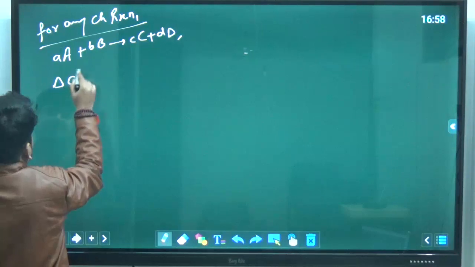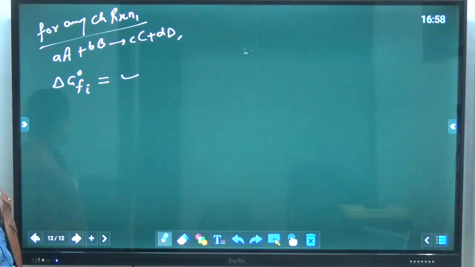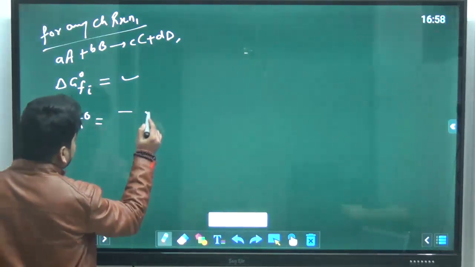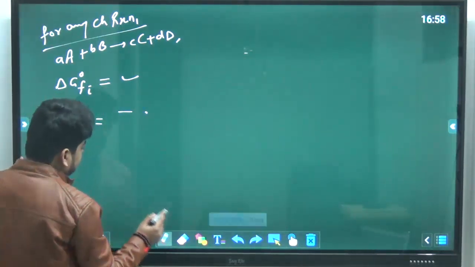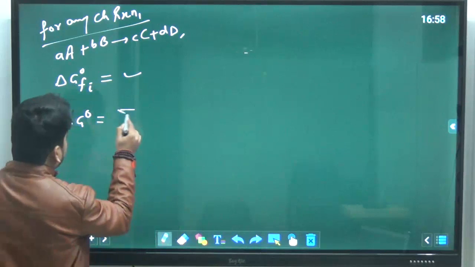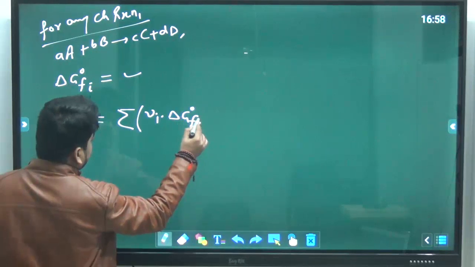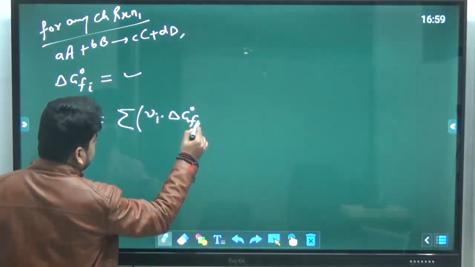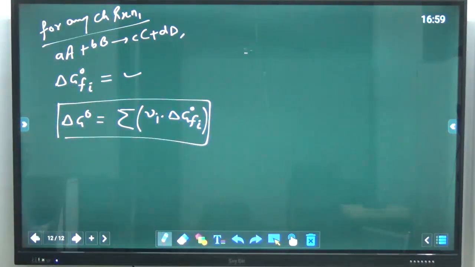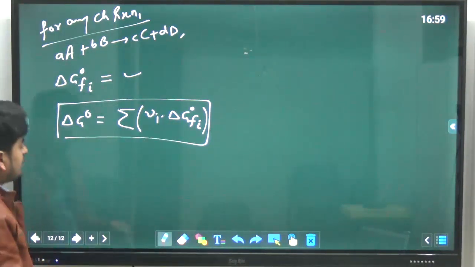If you have given the standard Gibbs energy of formation of each and every component, then you can calculate the standard Gibbs energy of the reaction by using this equation. From standard Gibbs energy of formation of any component, you can calculate the standard Gibbs energy of the reaction.